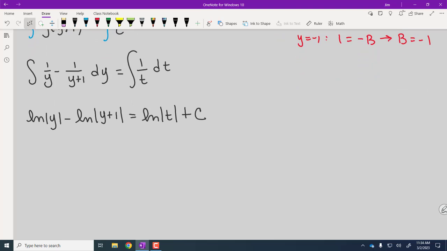Okay, so this is a general solution in implicit form, because the y is buried, it's not isolated. So we want to isolate the y if we can. So somehow we're going to have to merge all this stuff together if we're going to have any hope of finding the y. So we can use a log property here.